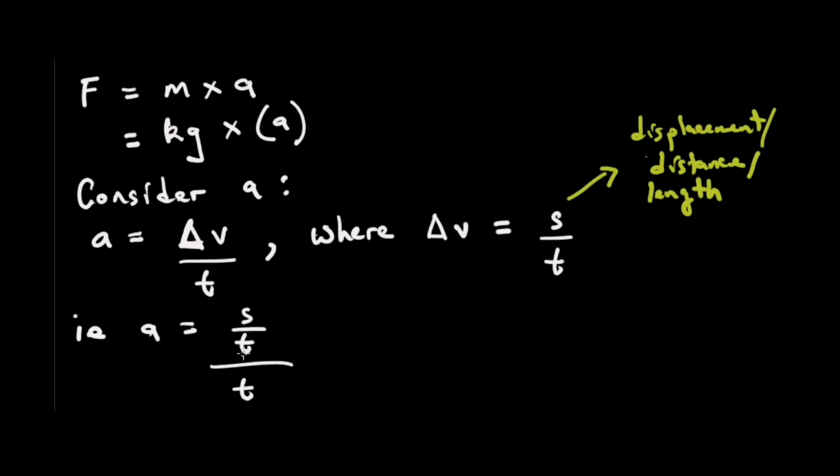I want you to pay particular attention to what I have done here. We considered acceleration, meaning we separated a and dealt with it separately, then we input what we get back into this equation F is equal to m times a.